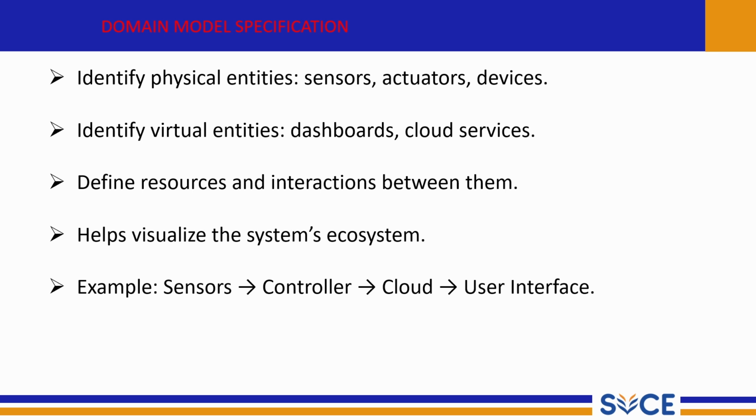It defines the ecosystem, so who interacts with whom. In the domain model, it identifies the physical entities, that are the sensors, actuators and devices, and also the virtual entities. The virtual entities are dashboards, cloud services and applications. It defines the resources and the interaction between them. It also helps us visualize the system and ecosystem.